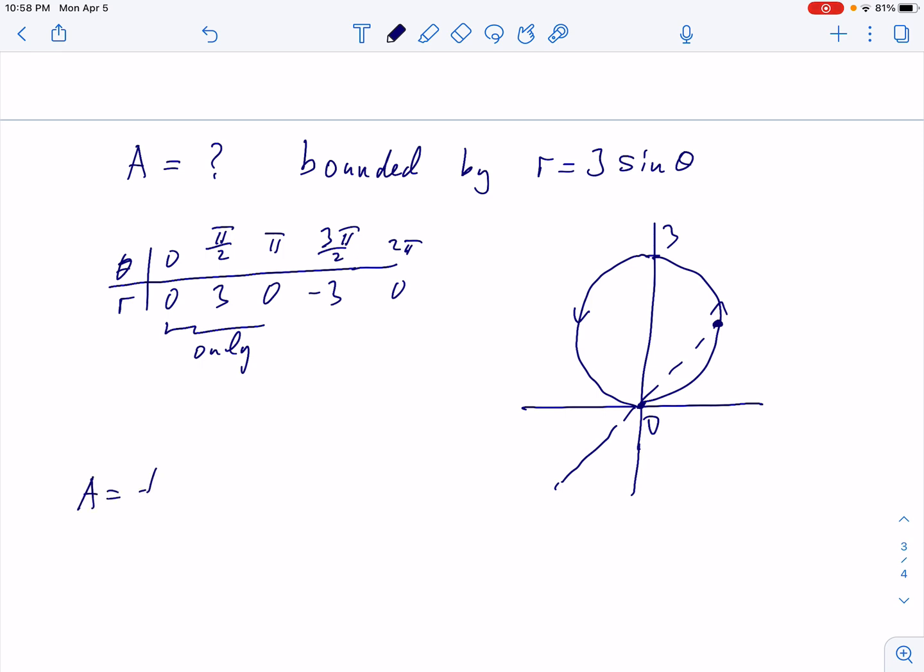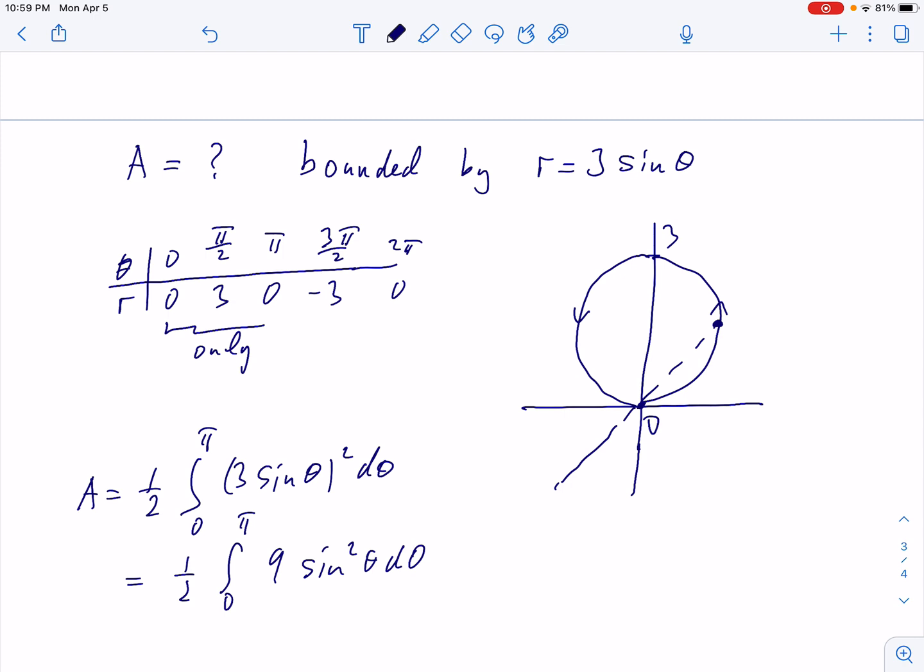So we set up the interval for the area from 0 to pi. 3 times sine theta squared d theta. So this equals 1/2 integral 0 to pi, 9 times sine squared theta d theta. 9/2, 0 to pi.